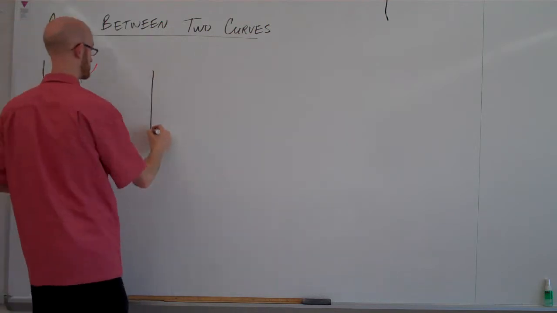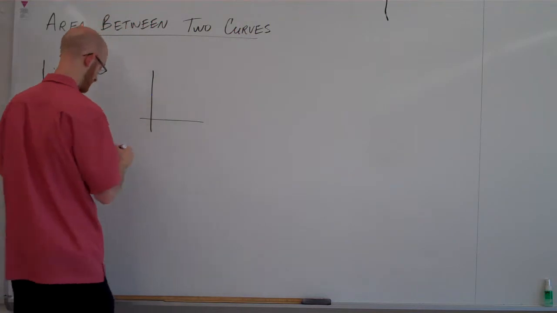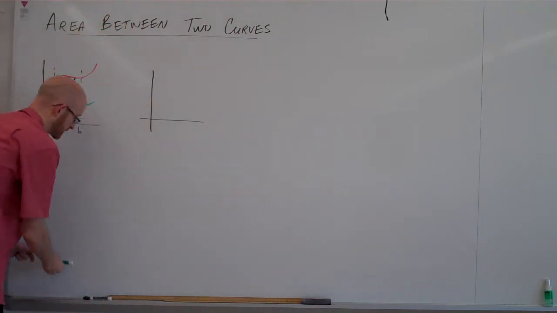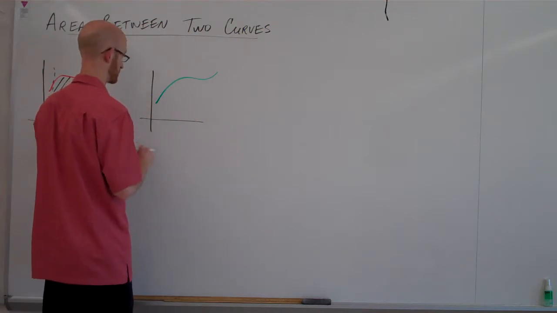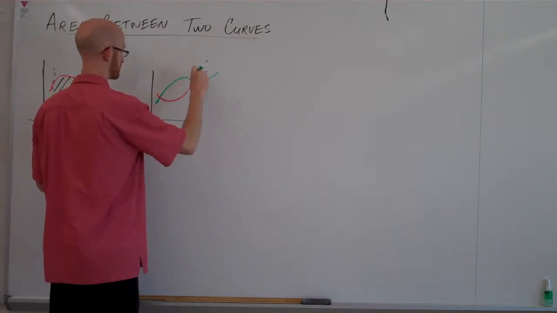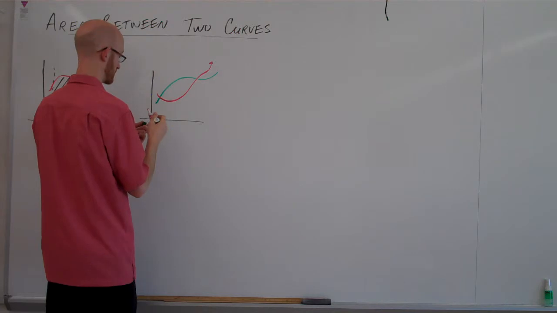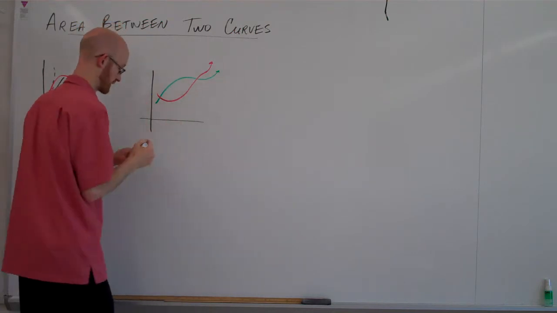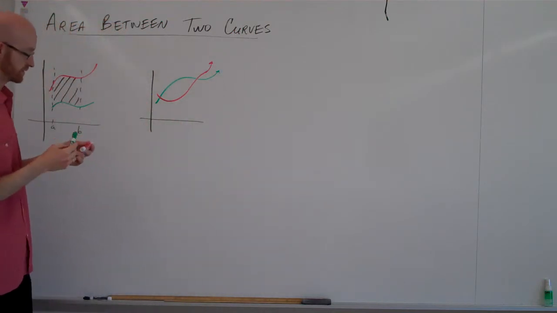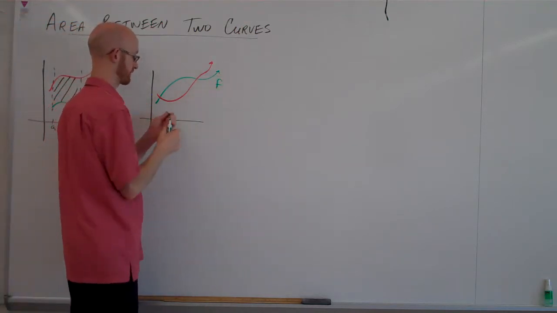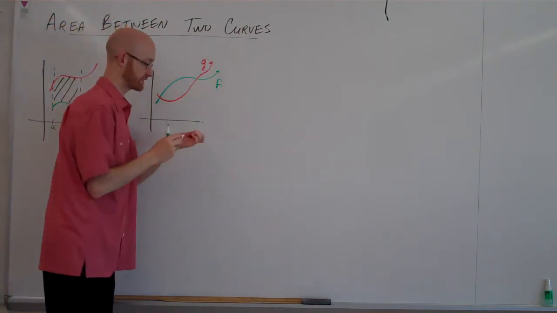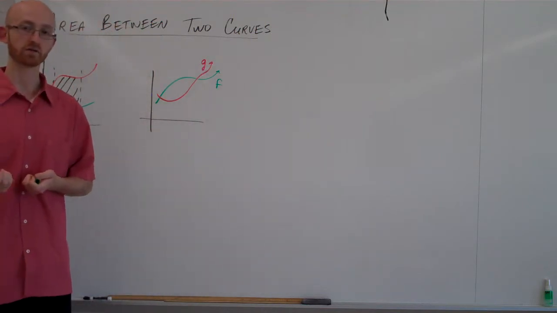As opposed to a similar example where you have two curves, something like these two curves, where you could be asked, between the functions f and g, find the area enclosed between f and g.